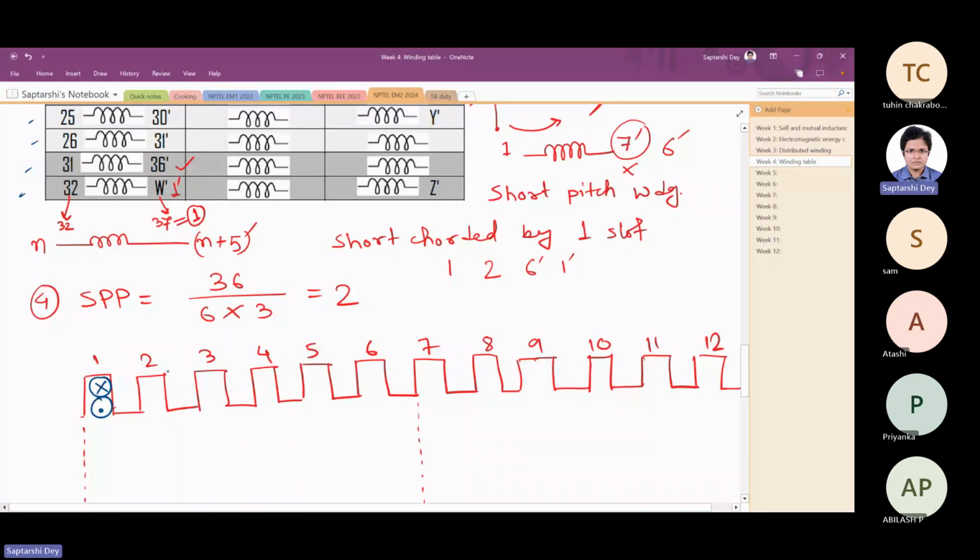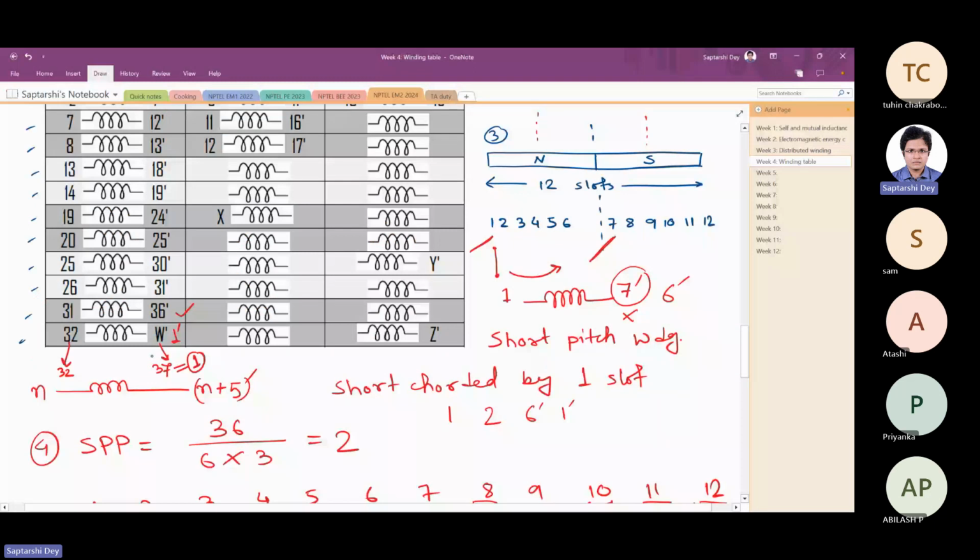So 1 primed, 2 return, and 6 here, like this. Let me also draw some more slots in this direction. That will be easier for visualization. We can just look at it and draw the other phases. So what do we have at 36? 36 primed we have.